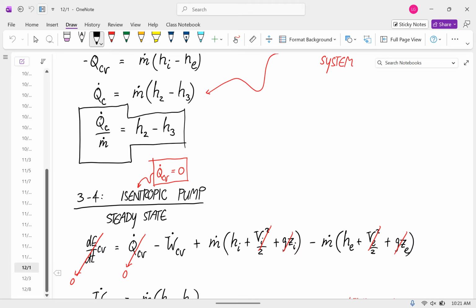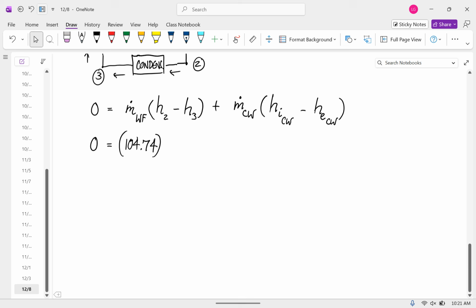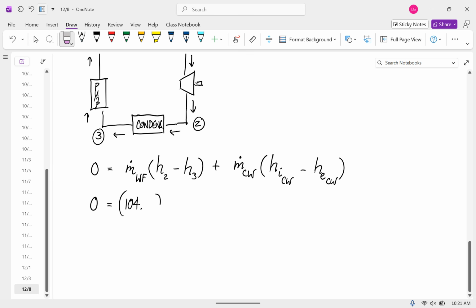See that? And so since I have Q_C dot listed here, m dot times the difference of those enthalpies is just 1.70 times 10 to the 8th. And now this is equal to m dot for the cooling water times the quantity h_i minus h_e.